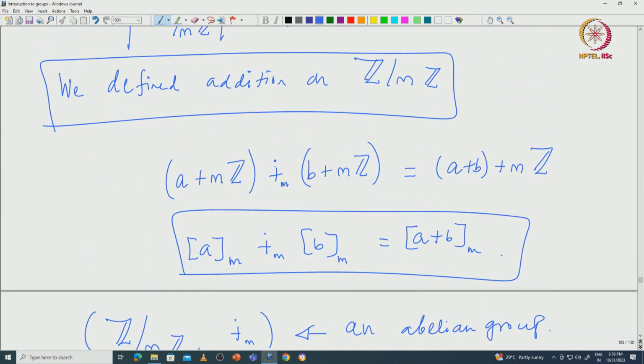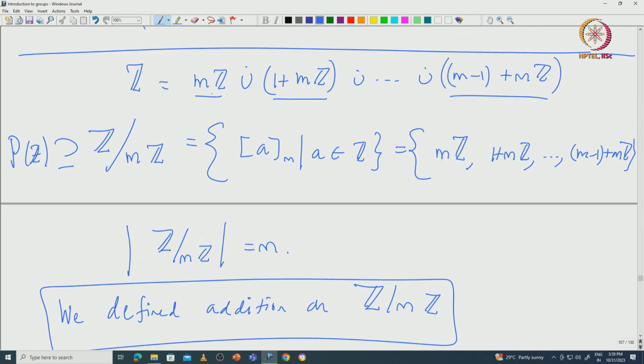Then if you take MZ, which is 0 plus MZ, that corresponds to the residue class 0 modulo M. That will be the identity element.